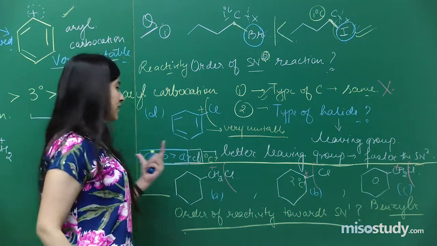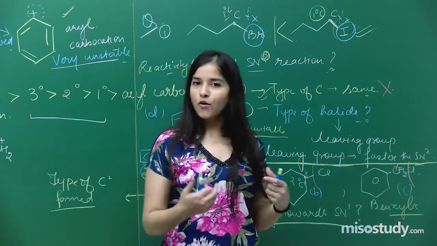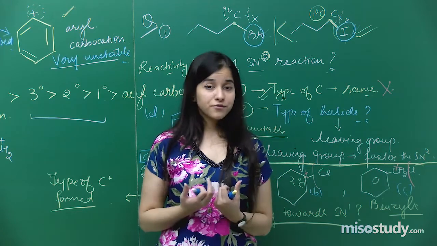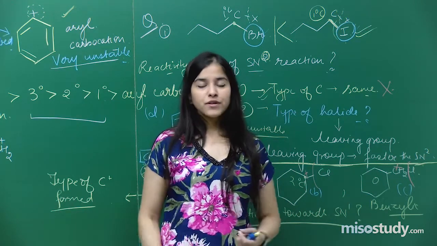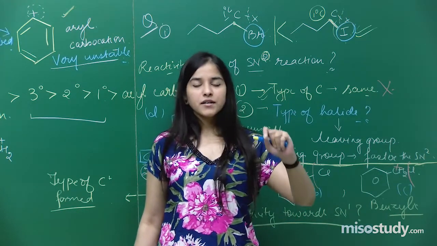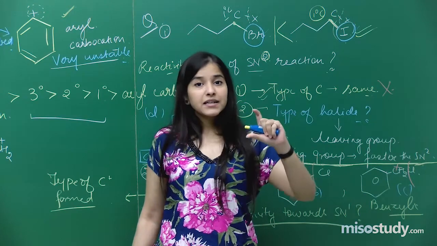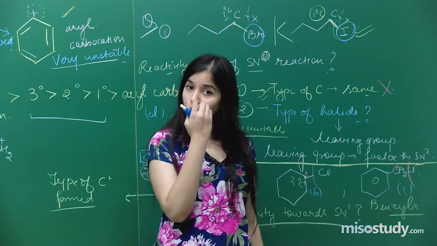Fine. So that is the entire process, how we are going to check whether a compound is feasible for SN1 or SN2, right? So if I ask you whether this alkyl halide is able to perform SN1 or SN2, what do you need to answer?